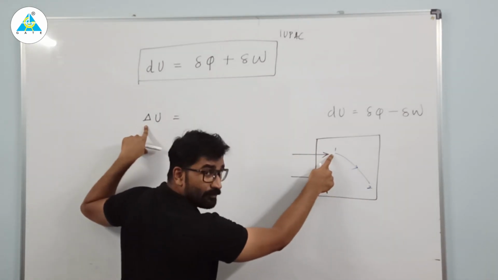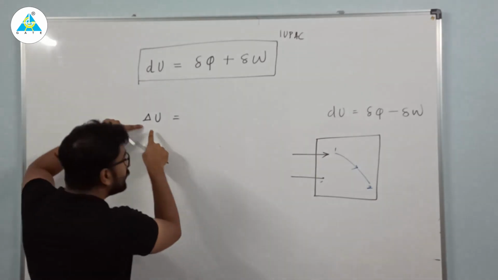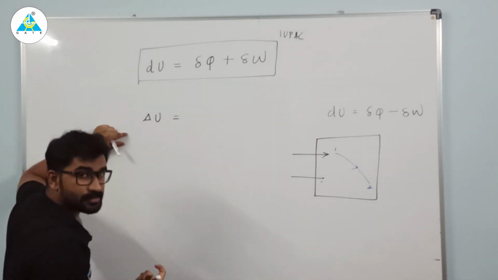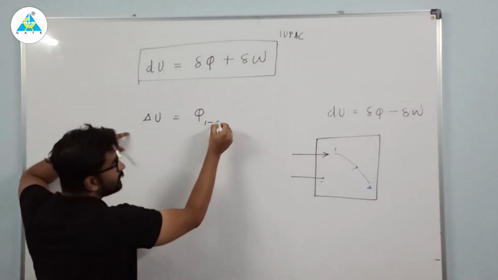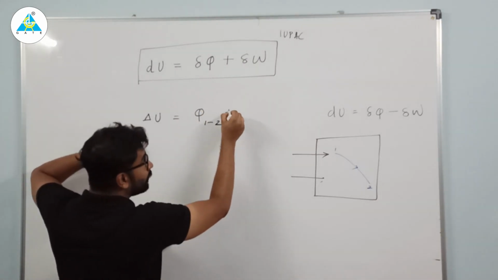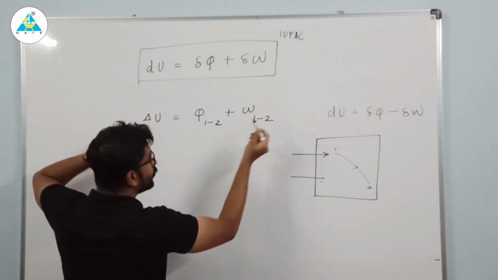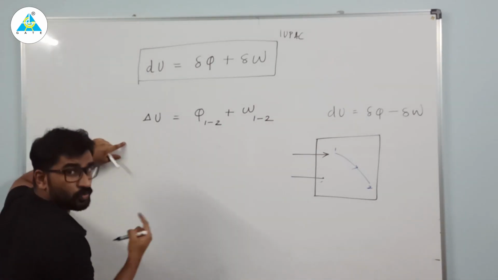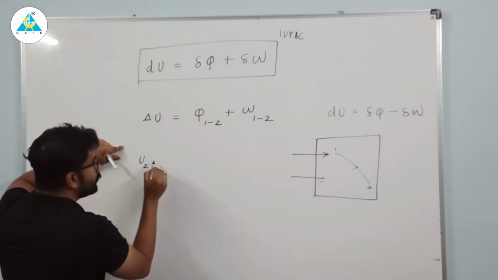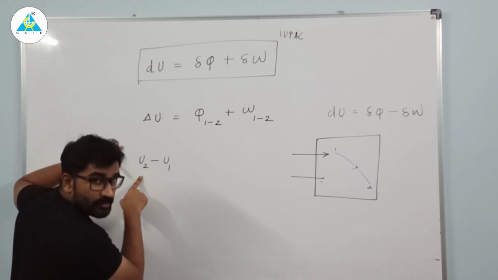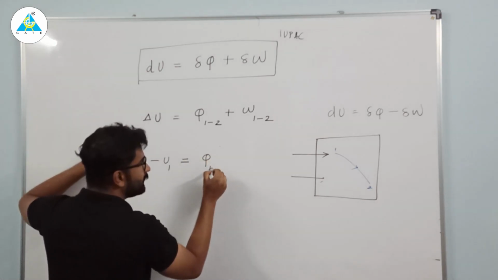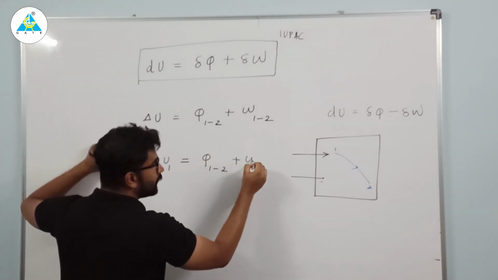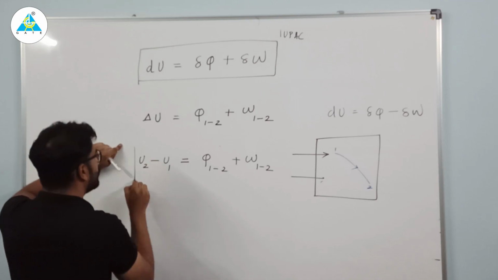If you have a process from the state 1 to 2, the internal energy change of the system during that process is equal to heat transferred from 1 to 2 plus work transferred during 1 to 2. This delta U you can write as U2 minus U1, that is final internal energy minus initial internal energy, equal to whatever heat is transferred from 1 to 2 plus whatever work is transferred.